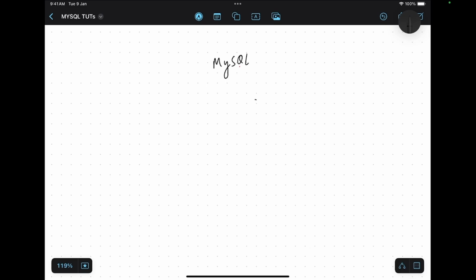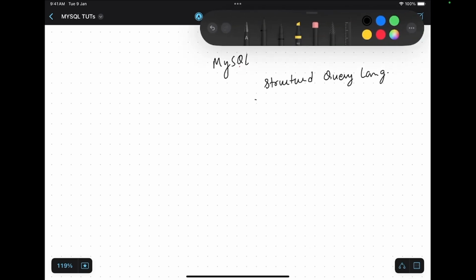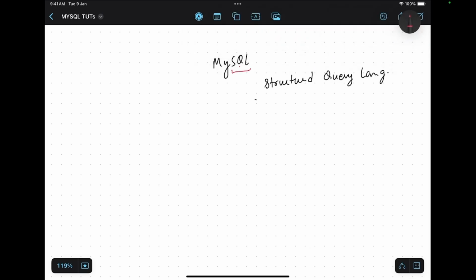What actually is SQL? SQL is actually structured query language. So if you see this name MySQL, this SQL actually stands for structured query language. And what about this My?